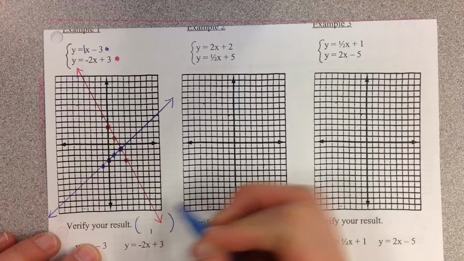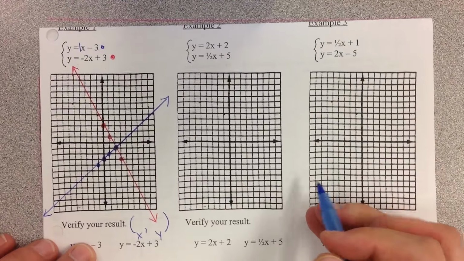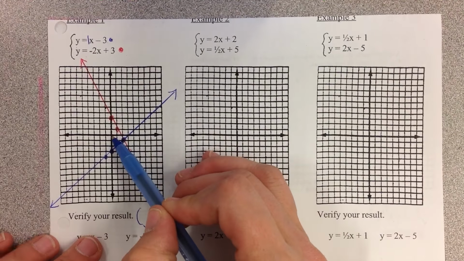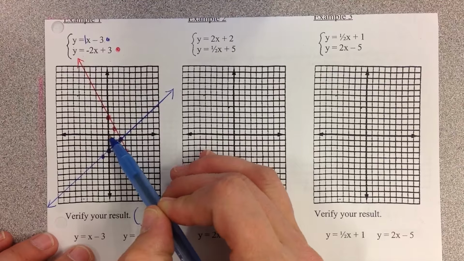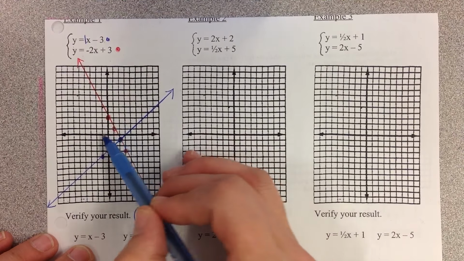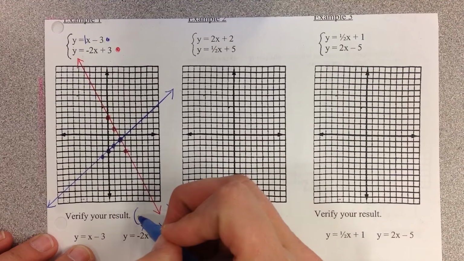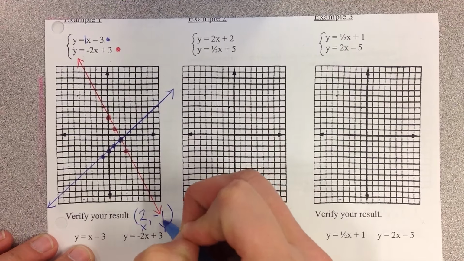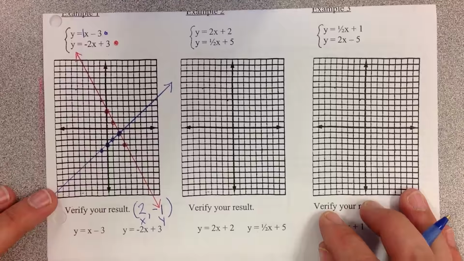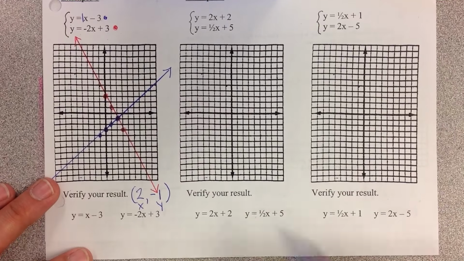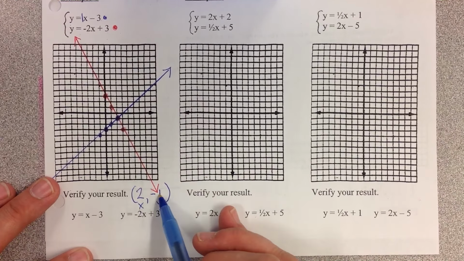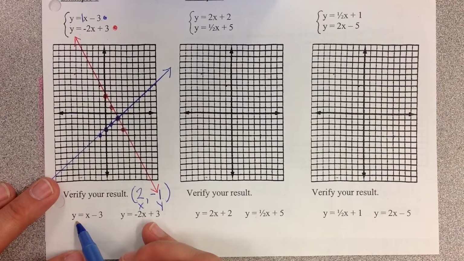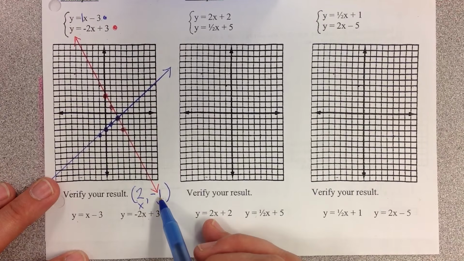Now we have to determine the coordinates where these two lines intersect. We start at the origin and go 2 to the right, which is an x-coordinate of 2, and down 1, so it's -1. So our coordinate point is (2, -1). To verify, we simply substitute the x and the y into both equations to make true statements.